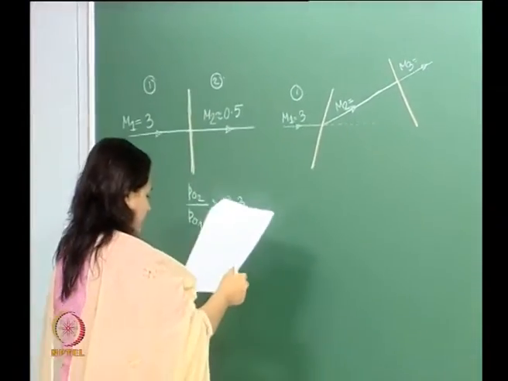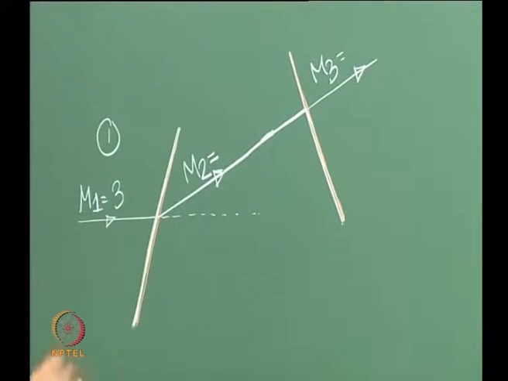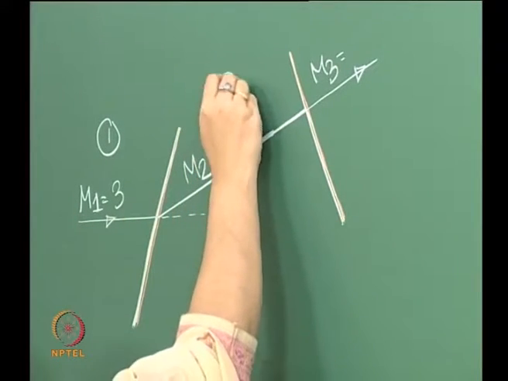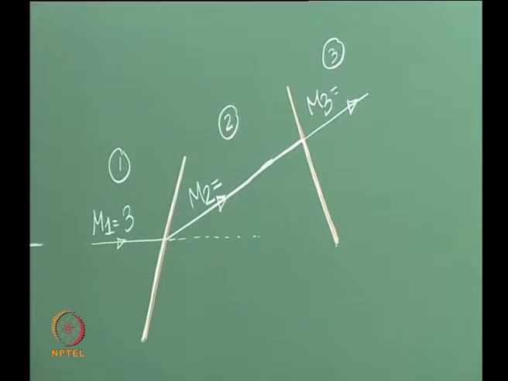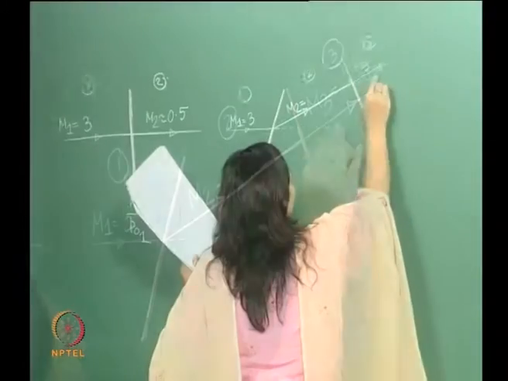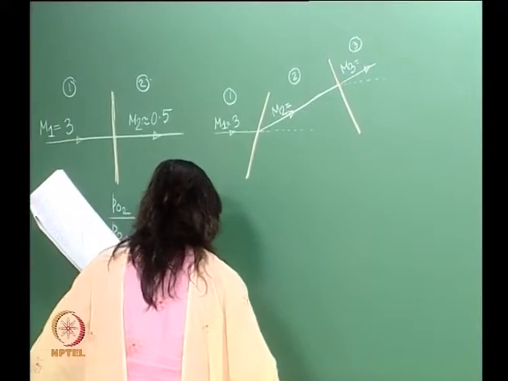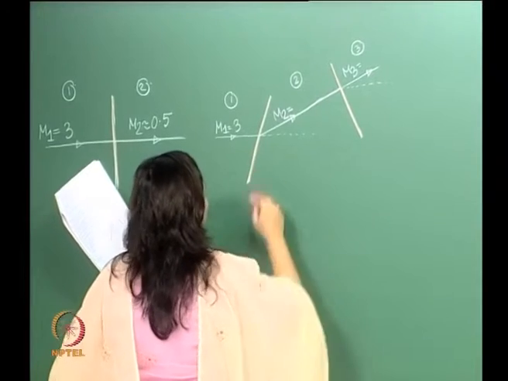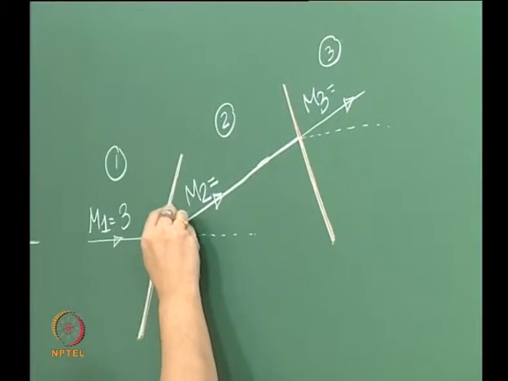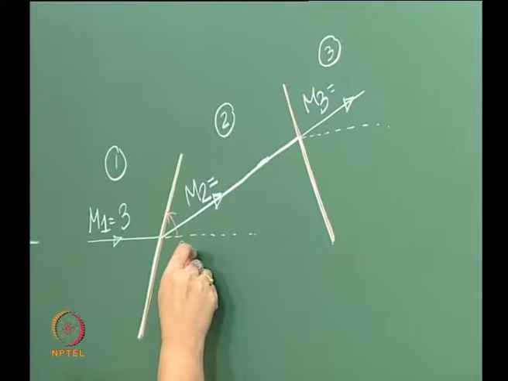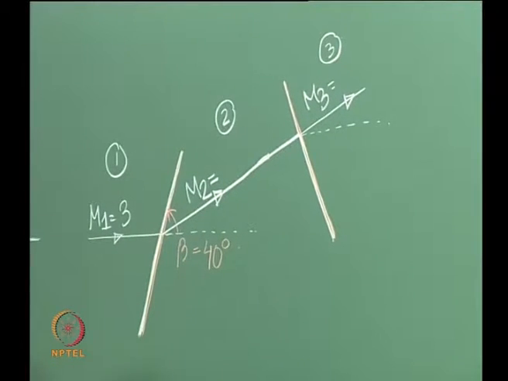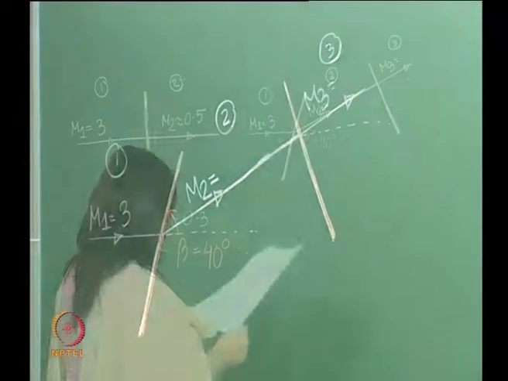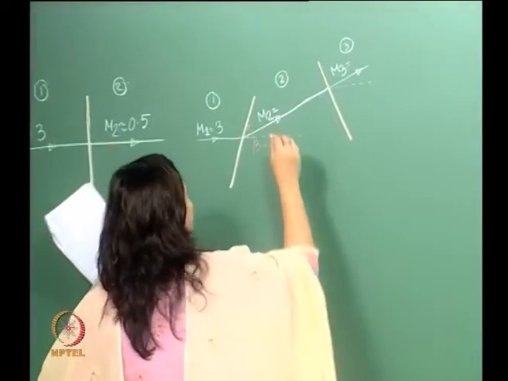So this is region 2 and this is region 3. The shock wave angle was given to us, this beta, which was 40 degrees, and we calculated M2 to be around 2, 1.9 precisely.